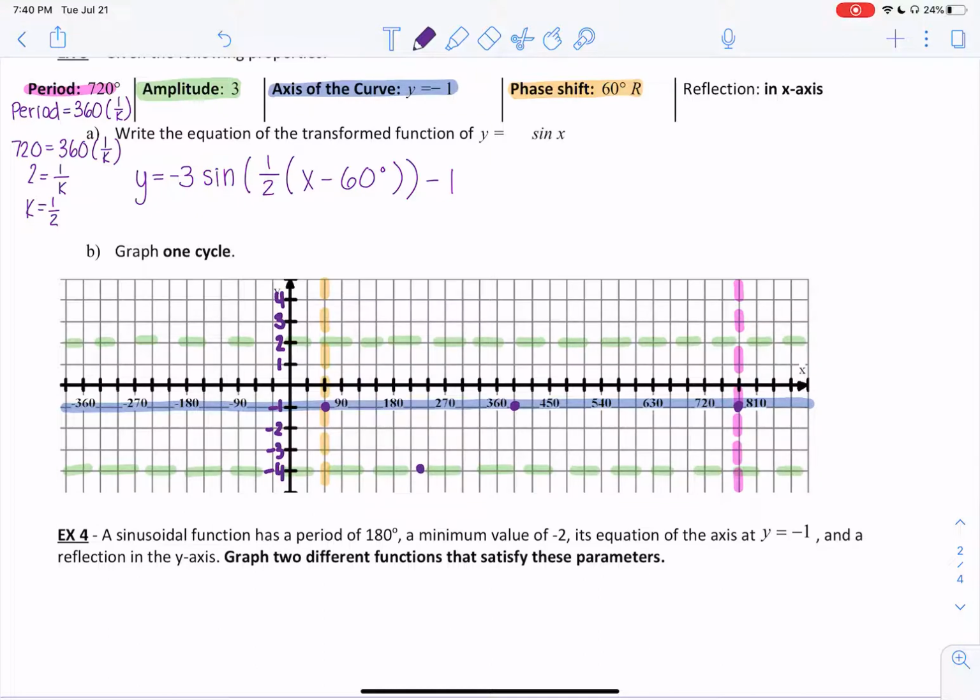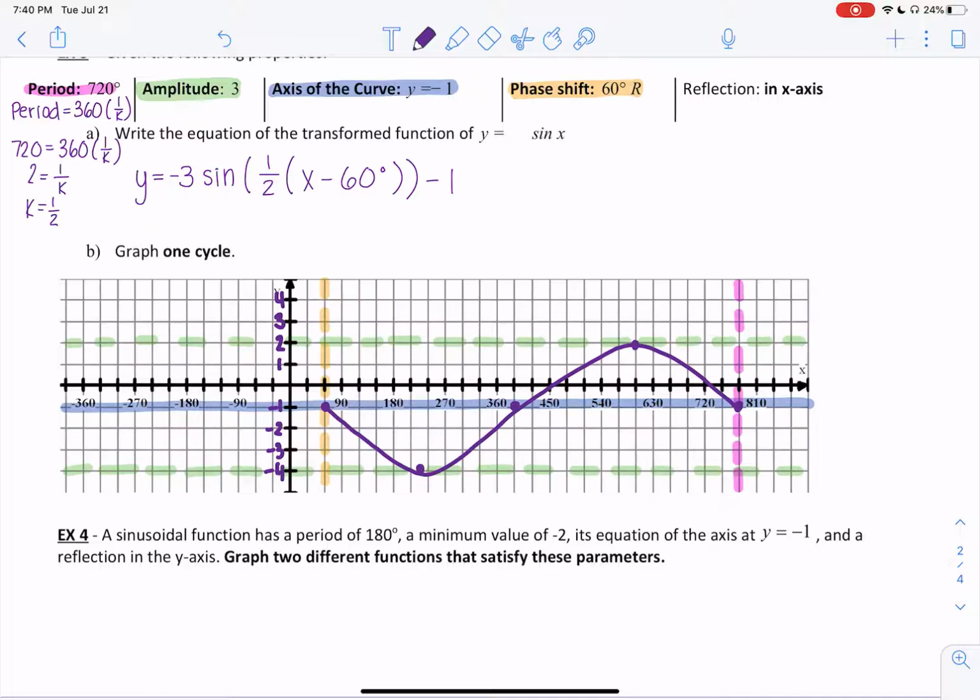And our maximum will be right in between 390 and 780. There we go, somewhere around here. These aren't exactly accurate, but it's as close as we can get. There we go. And that is one full cycle.